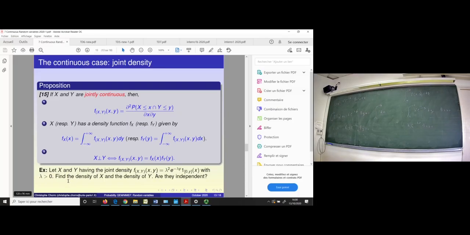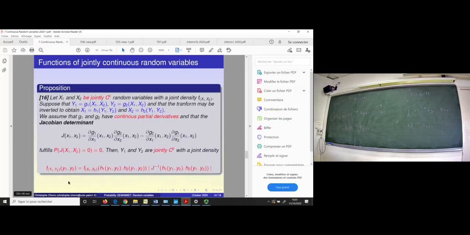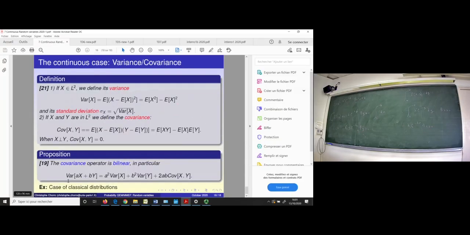So my question is to know if the joint density is equal to the product of this one and this one. Yes or no? No. They are not independent. It's not possible to have this indicator function because I have x and y that are mixed inside here, and here I have just an expression depending on y, and here an expression depending on x. If I do the product, I don't recover this one, so they are not independent.